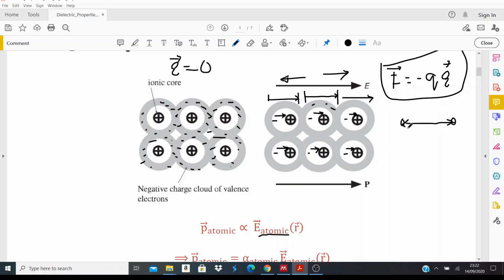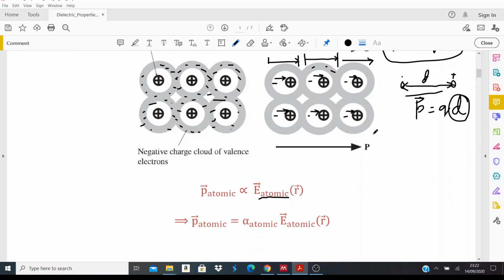And you know that the dipole moment is defined as the charge times the distance. So if the distance is increased, the dipole moment will be stronger, because d is bigger.